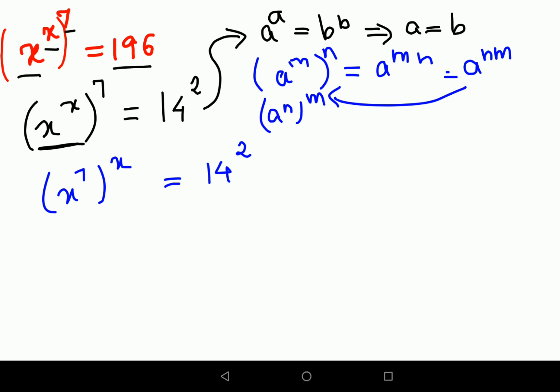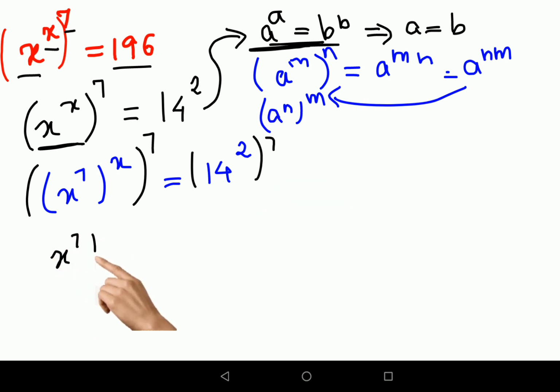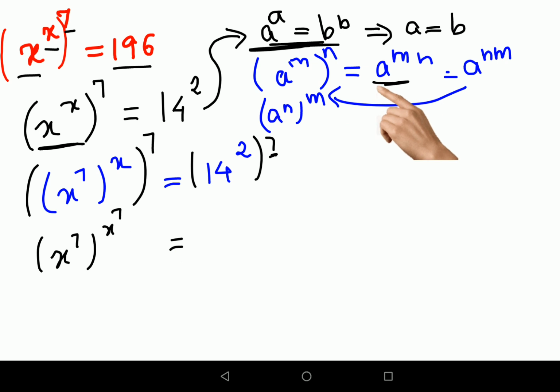Now, in order to simplify the question in this particular format, I will take the 7th power on both sides. So this then becomes (x^7)^(x^7). And we know that (a^m)^n is nothing but a^(m×n).